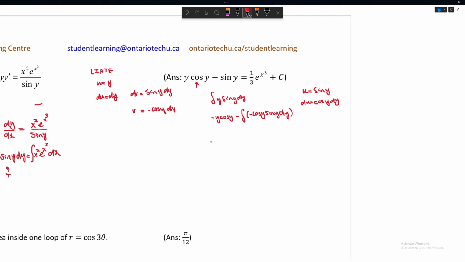And so now when I substitute in, this will get y cos y minus the integral of this. Well, we said it will be u. U will take my sine y. Du will take my cos, but I have a negative. So taking this negative out will make this actually a plus sign, right?